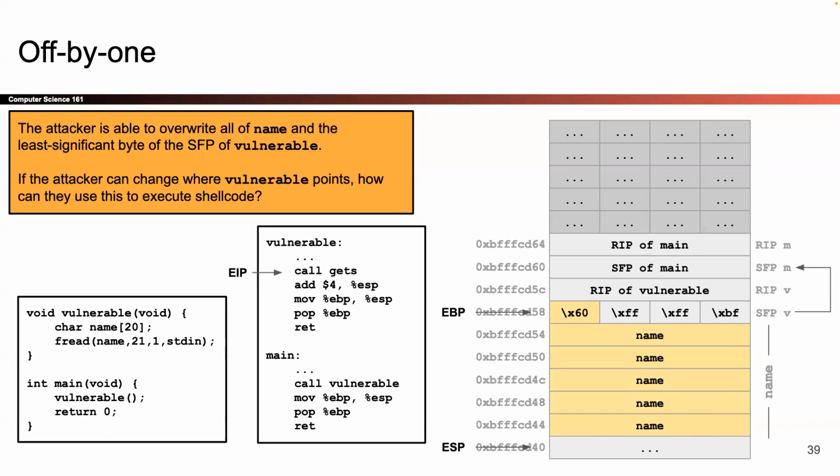And if the C program could talk, it would say, well, this is the current SFP value. Go follow this pointer, follow this address, and you will find the SFP of the previous stack frame. And what's always above the SFP is the RIP. So if you go there and then go 4 bytes up, you're going to find the RIP. That's what this program would say if it could talk, which it probably can't.